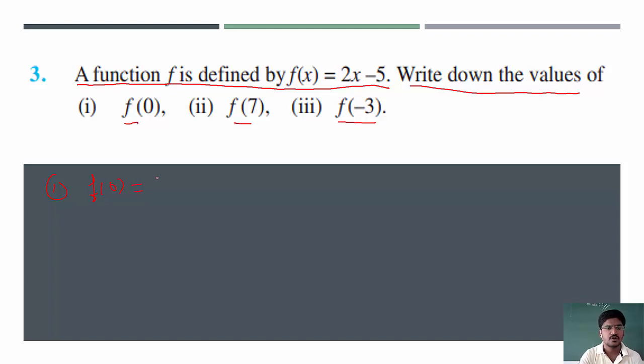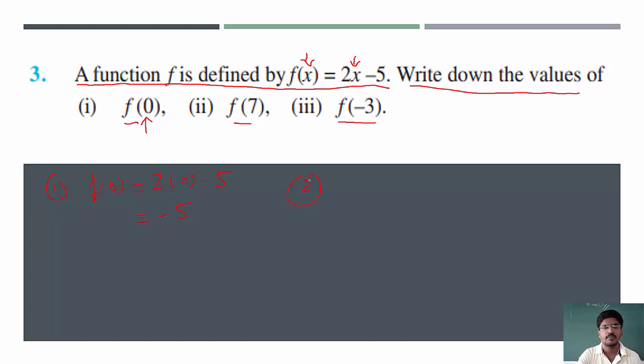So what is f of 0? 2 times 0 minus 5. So 2 into 0 is 0. Output will be minus 5. Because they are asking the x value as 0, so you put x value as 0. So 2 into 0 will be 0 and output will be minus 5.